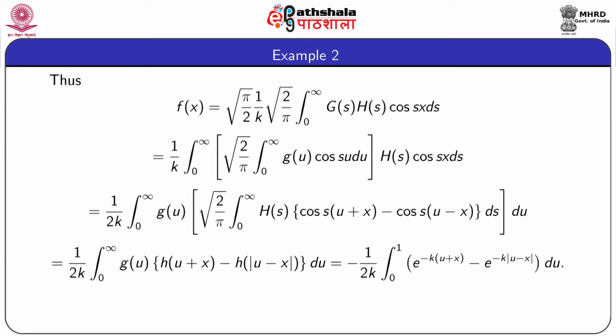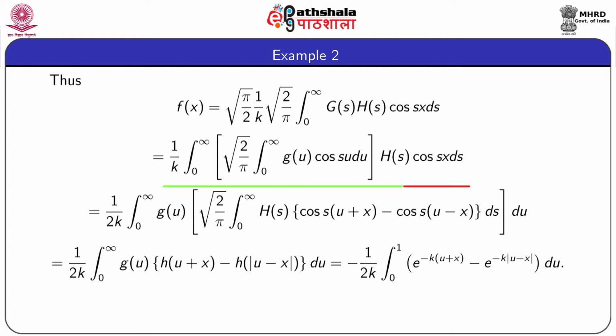Thus, with this knowledge, we find small f(x), which is the solution of the given differential equation, as root over 2 by pi, 1 by k, root over 2 by pi, integral 0 to infinity capital G(s) capital H(s) cos(sx) ds, and that is equal to 1 by k integral from 0 to infinity root over 2 by pi integral 0 to infinity g(u) cos(su) du.